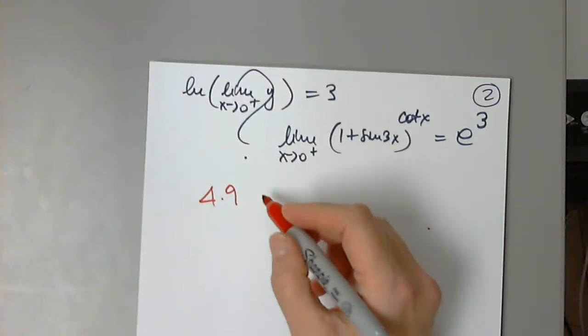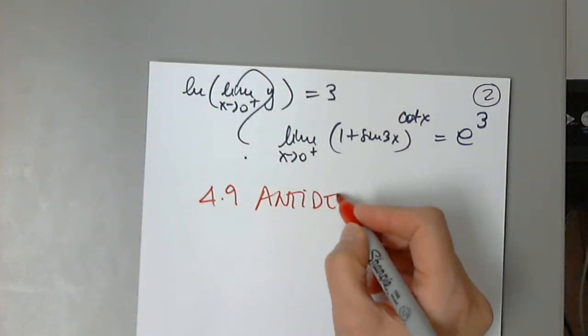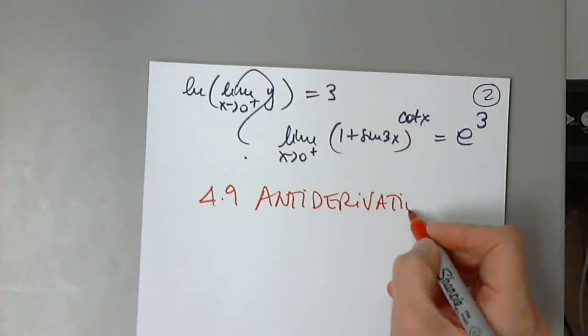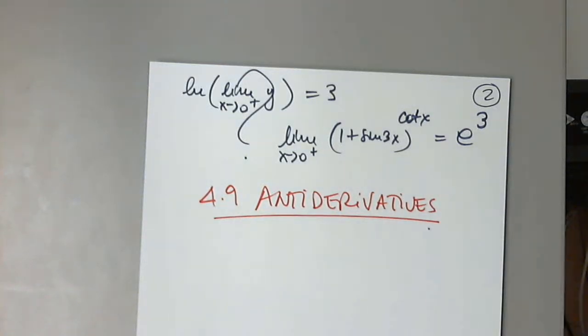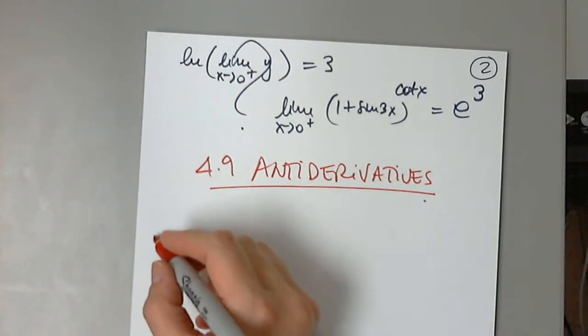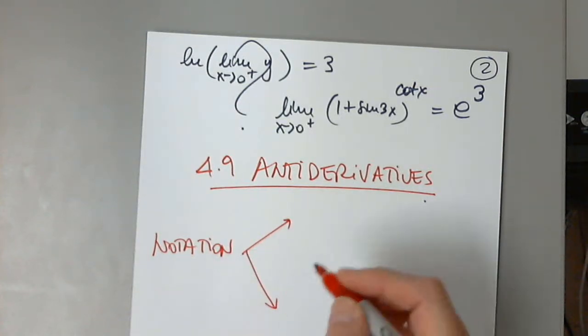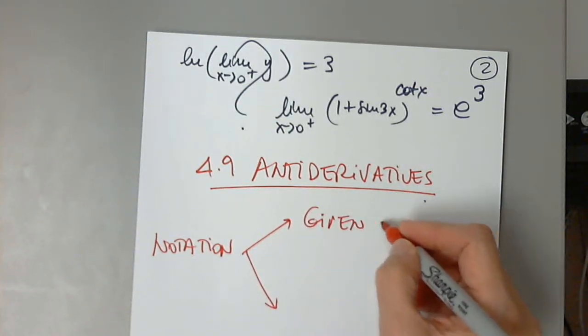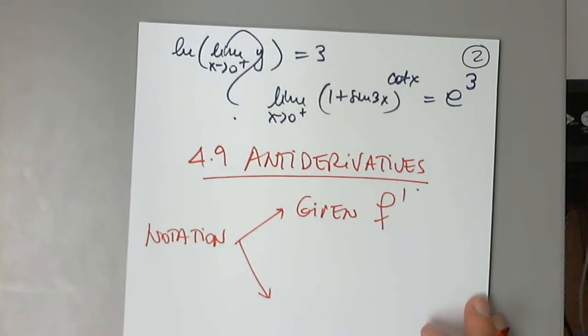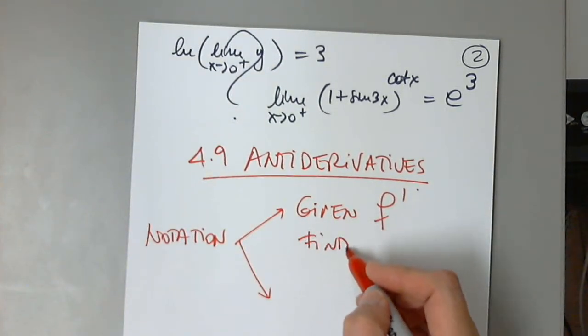4.9, antiderivatives. First of all, notation. Given f prime, find f.